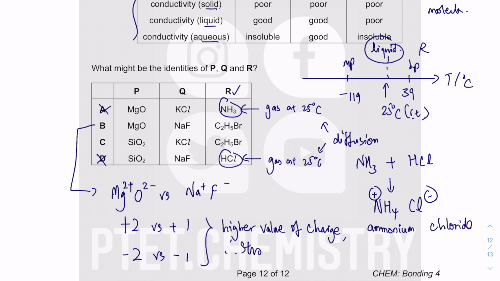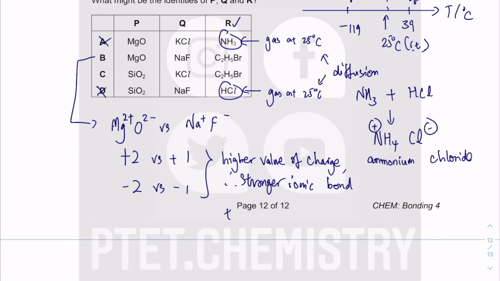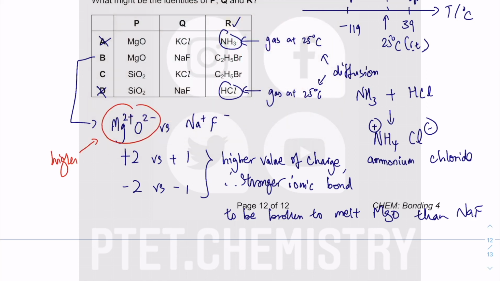Therefore, a stronger ionic bond has to be broken to melt MgO than NaF. So we will expect MgO to have a higher melting point because it would have a stronger ionic bond, because of the bigger charge of the cation and the bigger charge of the anion compared to Na plus and F minus.